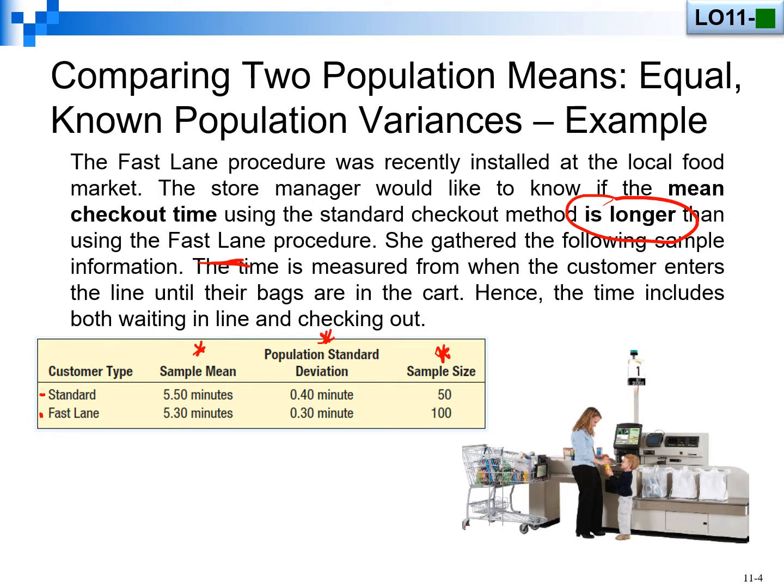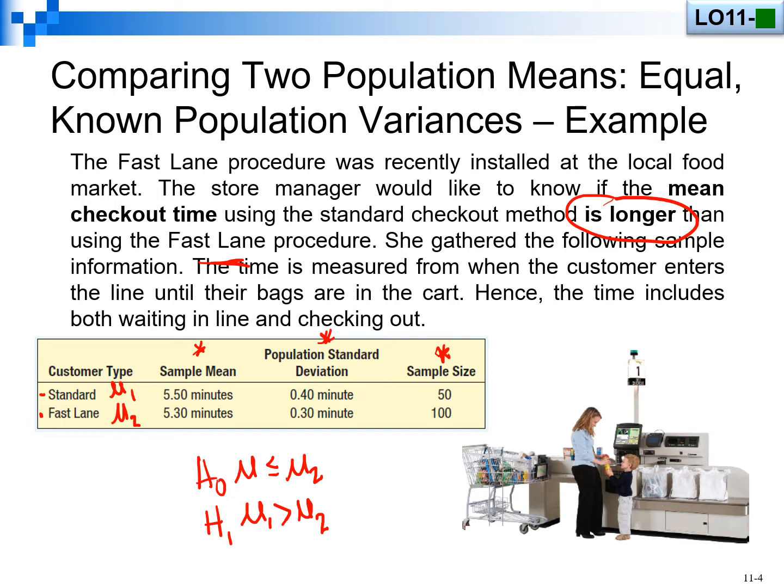To think about how to set up your null and alternate, if you label the standard lane as population 1 and the fast lane as population 2, then in your H0, H1 setup, you want to see if population 1 is actually longer than population 2. So you're going to set your alternate up to be a greater than scenario, and therefore the null would have to be less than or equal to. That's the basic idea.